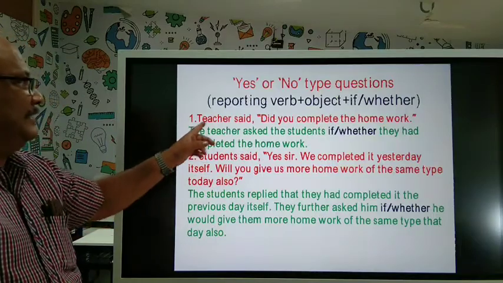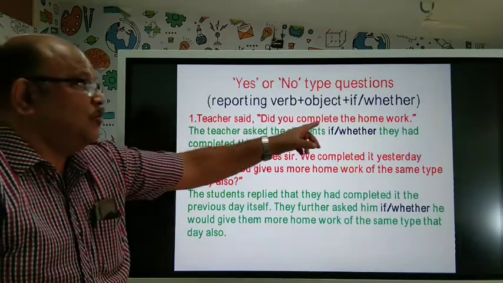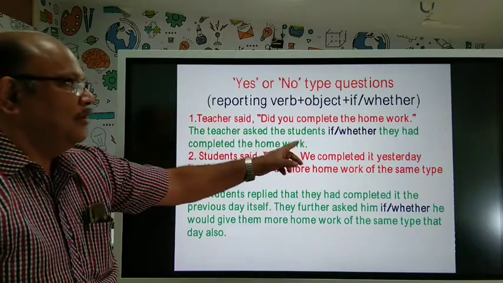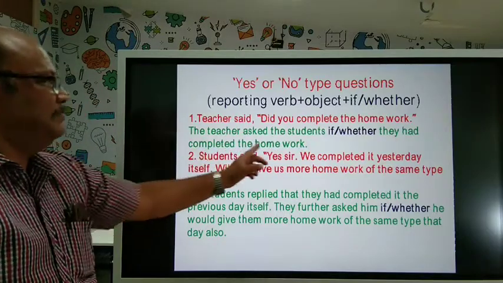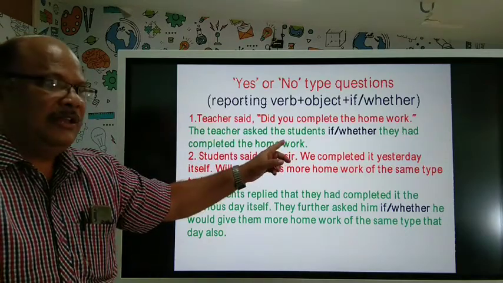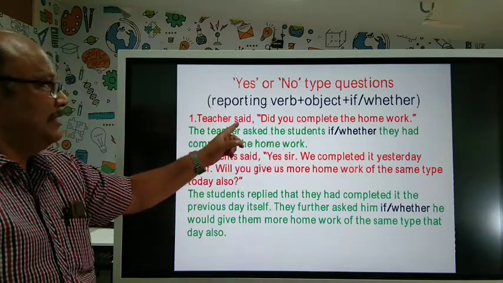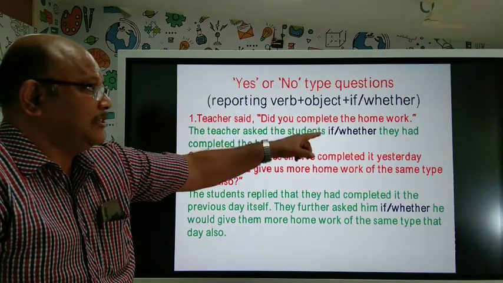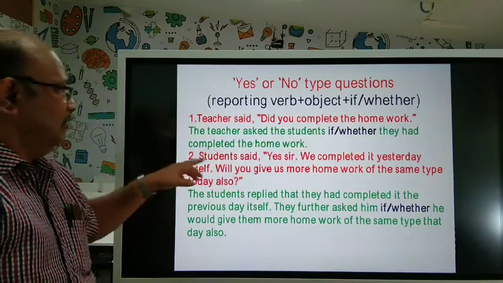Look at the example. The teacher said, "Did you complete the homework?" The teacher asked the students if or whether they had completed the homework. Here also, the reporting verb is in the past. Therefore, the tense of the reported speech changes to the corresponding past tense. Now, let us see.